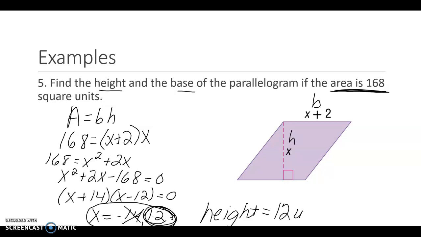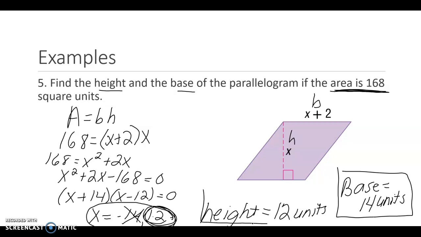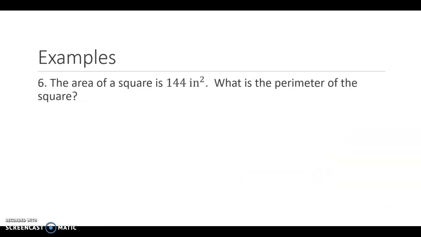And we're just in units, so 12 units. And the base, if I substitute in 12 plus 2, 14 units. And that's going to be your final answers there. So some factoring as well along the way.